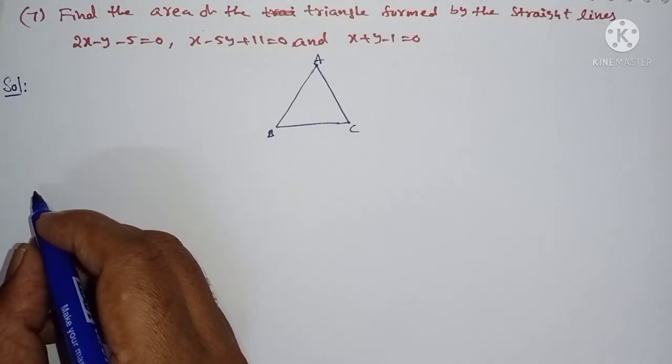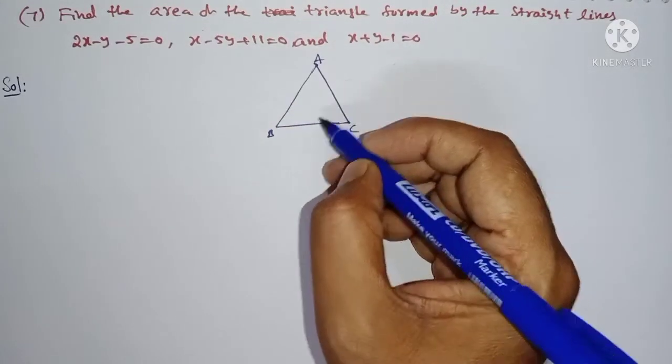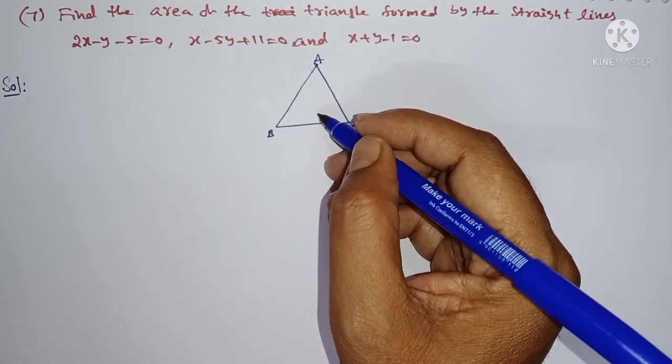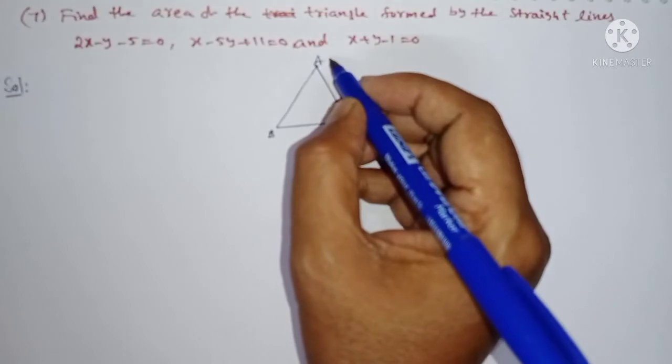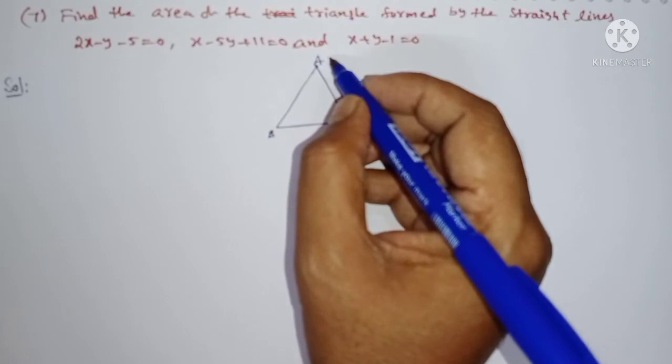Therefore, you can solve 3 equations: 1 and 2, 2 and 3, and 1 and 3. You get the 3 points. Then we have the formula for finding the area of the triangle. You can substitute here and get the answer.